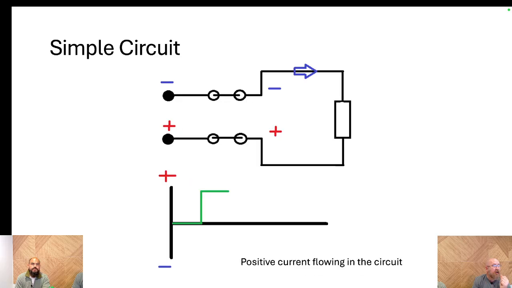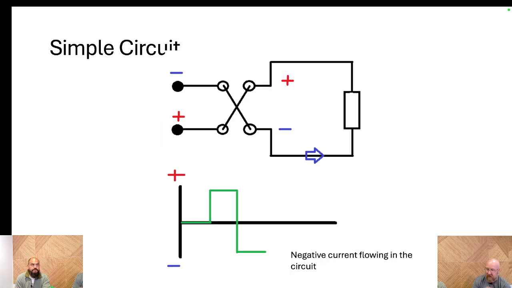If we hook it up, we get a positive voltage, and you see the graph switch to going positive. If we flip that around, it zips down and becomes negative, going straight down to the bottom.